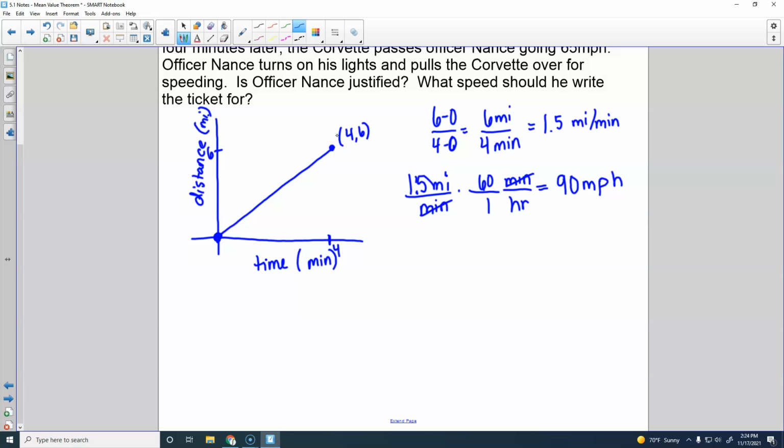I like this problem because it helps me remember mean value theorem. And whenever we go past this and you've forgotten mean value theorem, I will tell you to come back to the speeding problem to think about the mean value theorem, right? So let's talk about what you have to do to justify this as far as mean value theorem goes, okay?